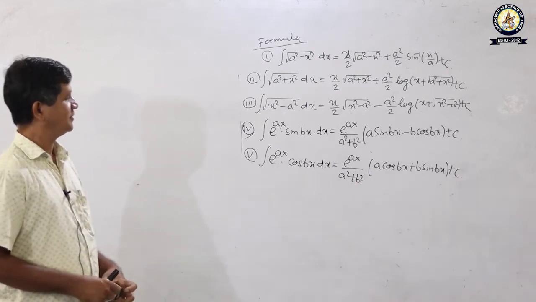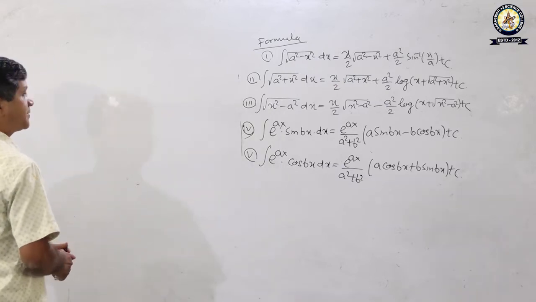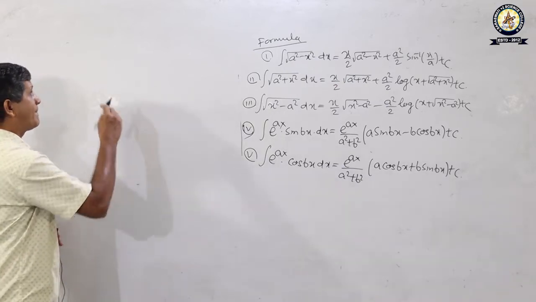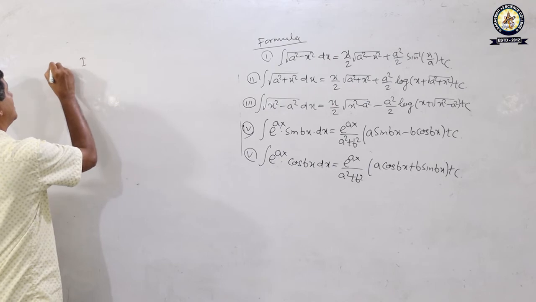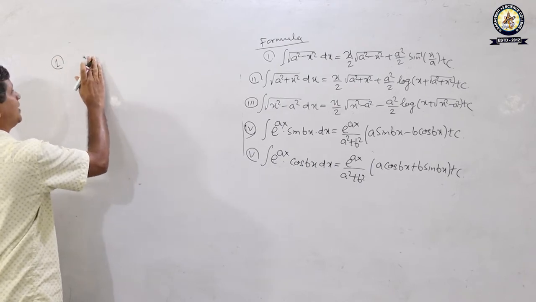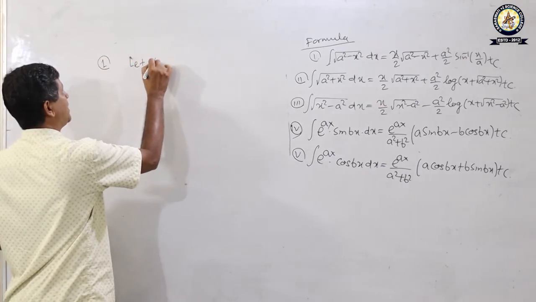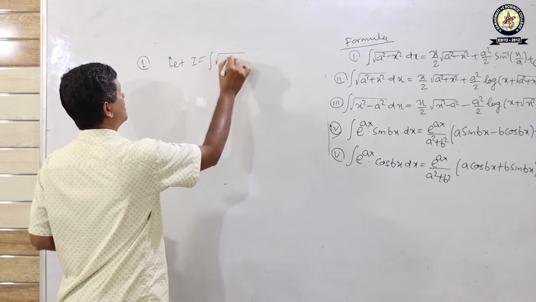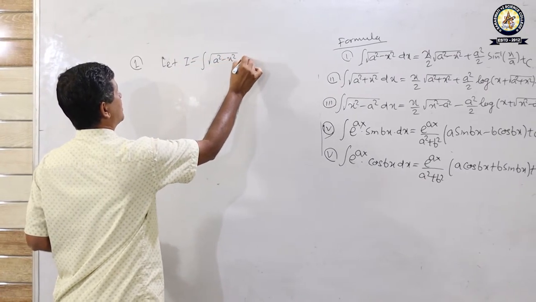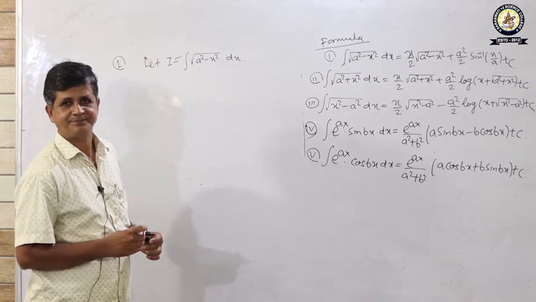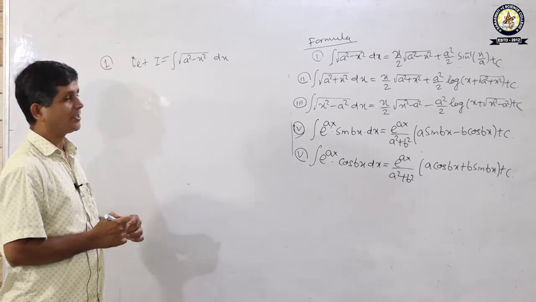Come to the first formula. Let I equal the integration of root over of a square minus x square dx. Here there is one function.